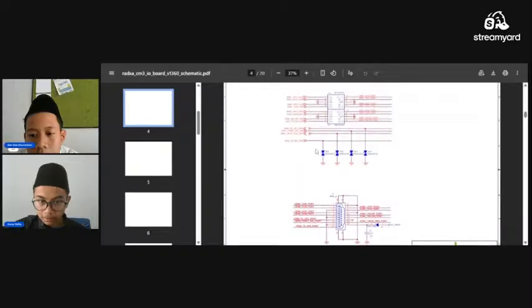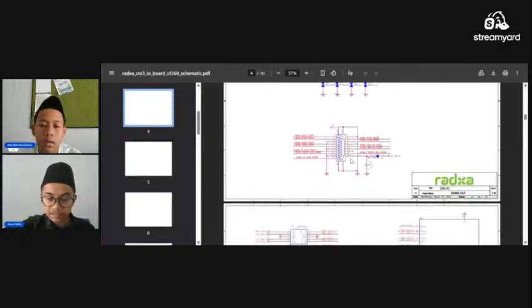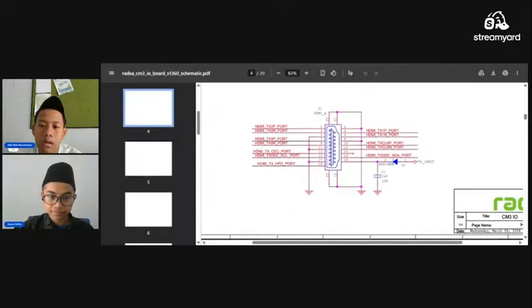There's a component that has ESD protection. If you don't know VGA yet, VGA tells the sync of the red, green, and blue, so it can show 16 million colors.